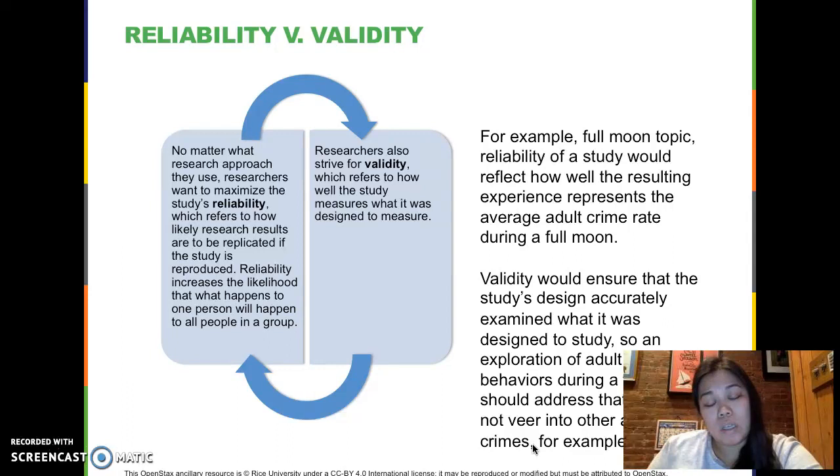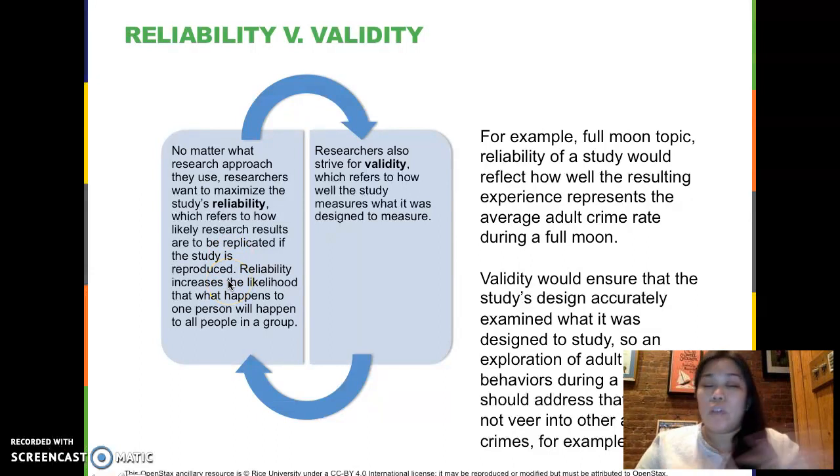What's also really important to keep in mind when you're conducting a research study is factoring in two important concepts, reliability and validity. Basically, what the reading tells us is that no matter what research approach you use, researchers want to maximize the study's reliability, which refers to how likely results are to be replicated if the study is reproduced.